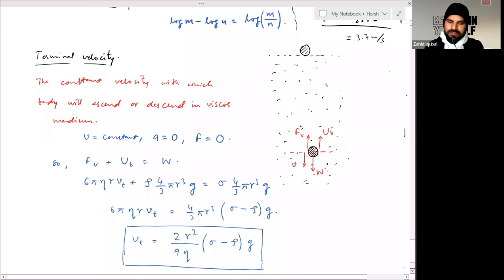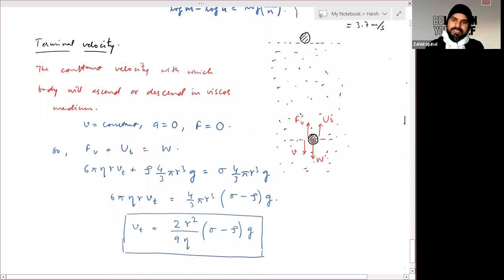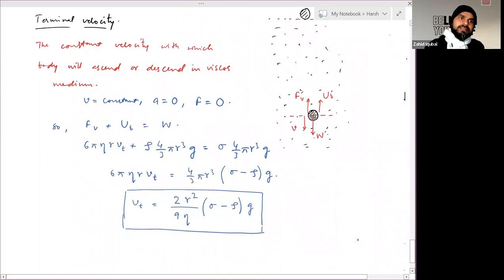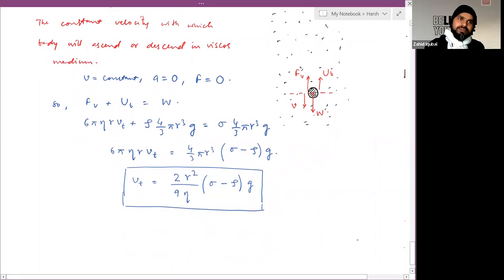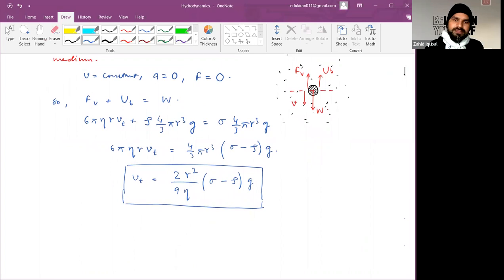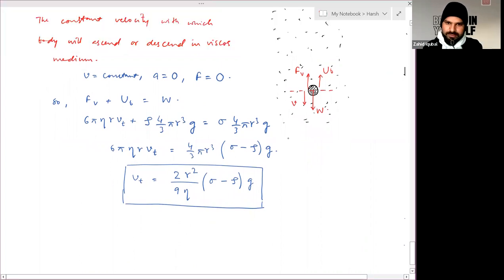But this particular expression is in terms of radius and density. It may be asked in some other form also, so let me define it in terms of mass. Viscous force plus buoyant force equals weight.